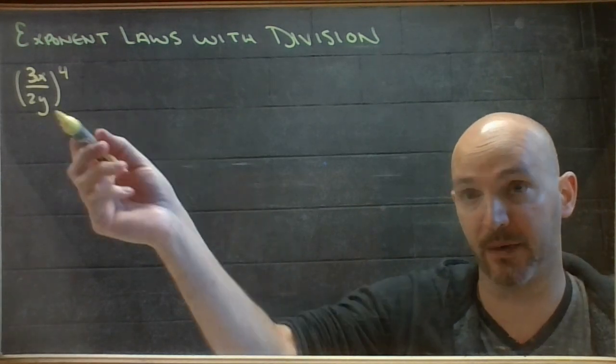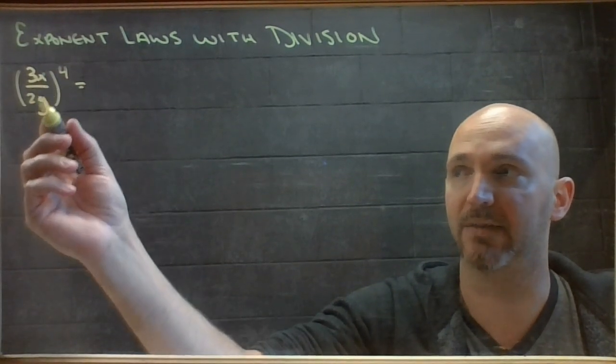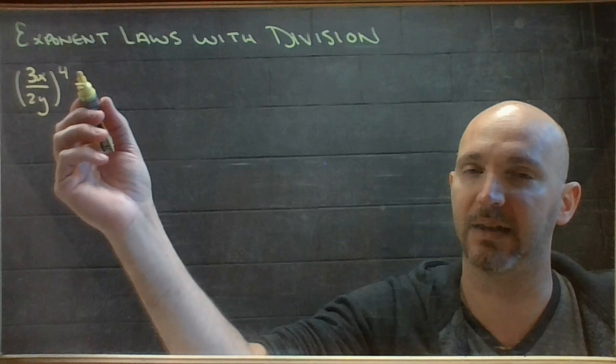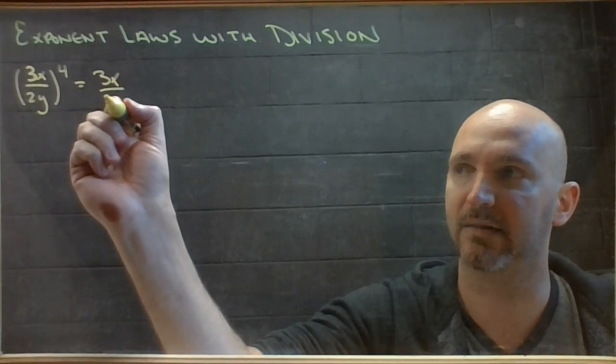So for example, this one here says 3x divided by 2y, but it's multiplied by itself 4 times. So that's going to look like this.